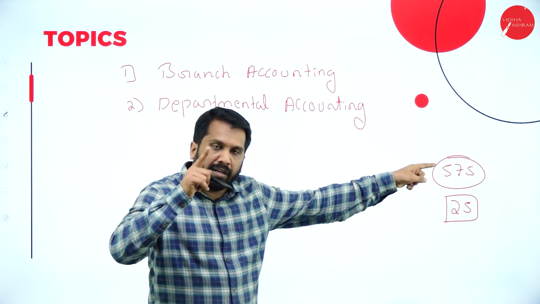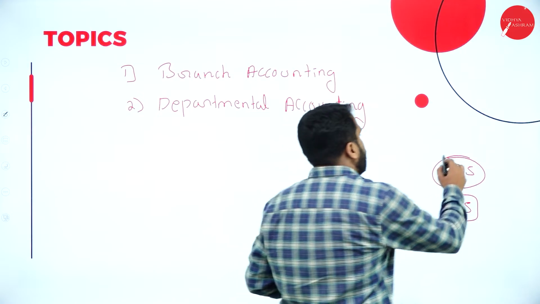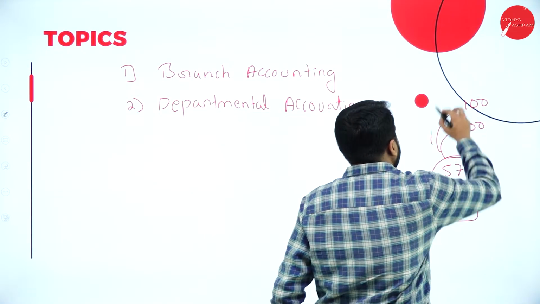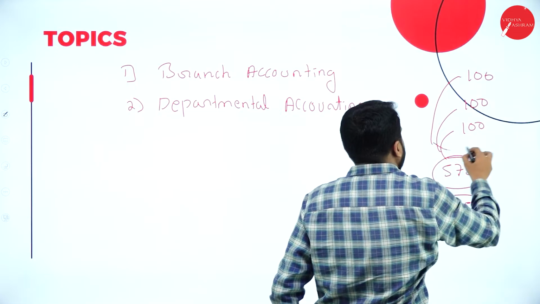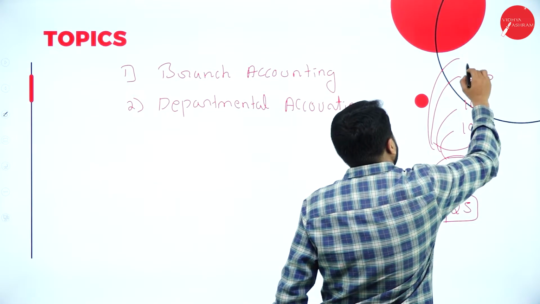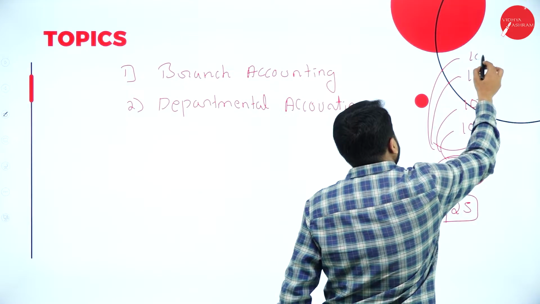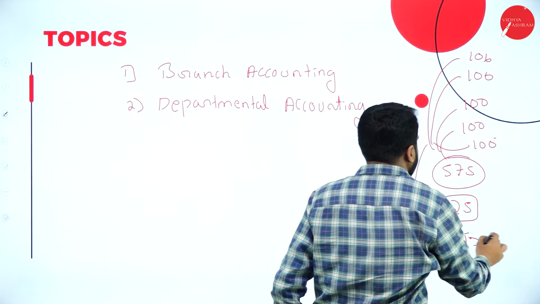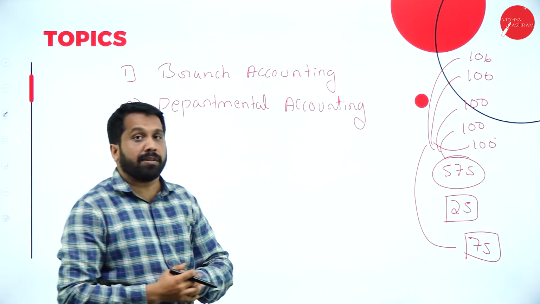Hope you are clear. Similarly, if I tell you in accounts you got 100, in business 100, economics 100, English 100, and one more, it may be statistics 100, but in Kannada you got 75. Now what are you supposed to do?